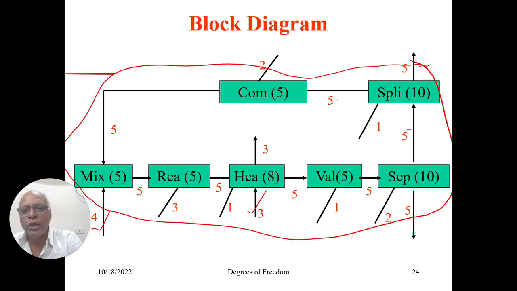What do you call these streams? You can see this is an output stream, this is another output stream. But all other streams connecting 2 units can be considered as intermediate streams. This happened to be an output stream from the mixer, but it also happens to be an input stream to the reactor. So do we have to define this stream?